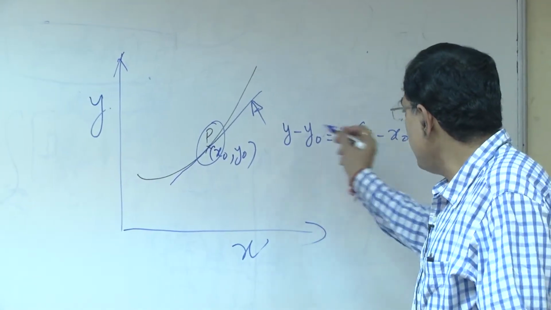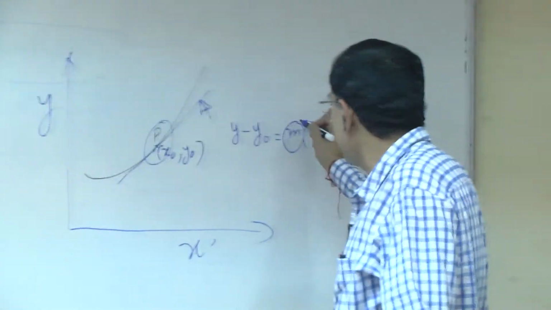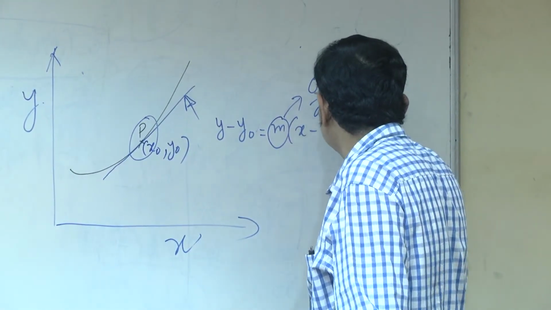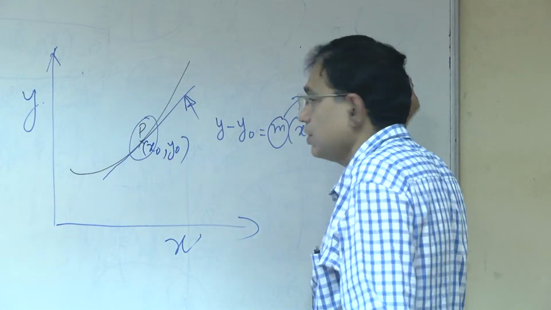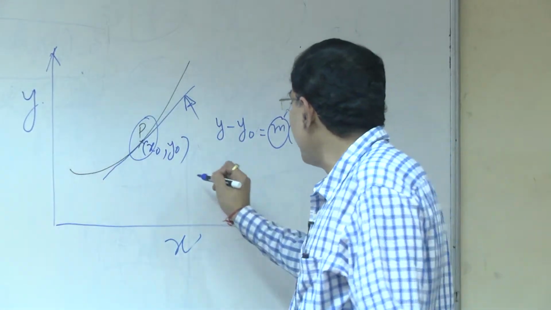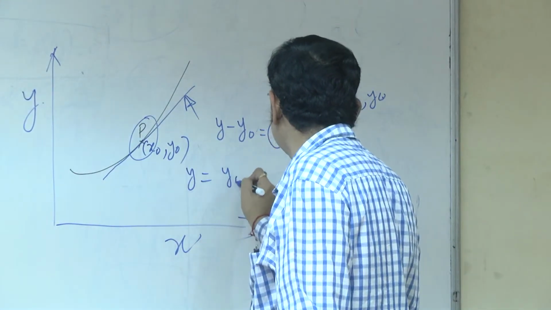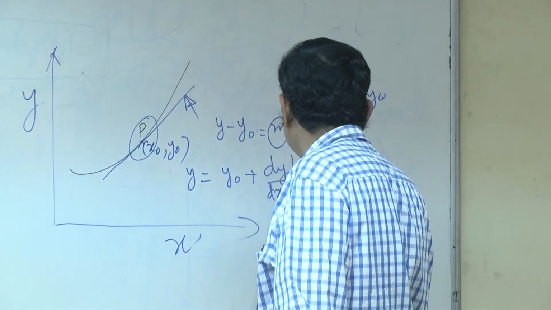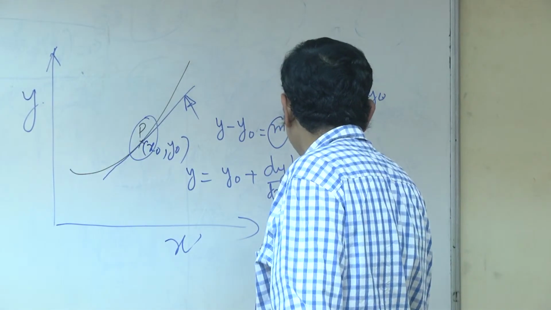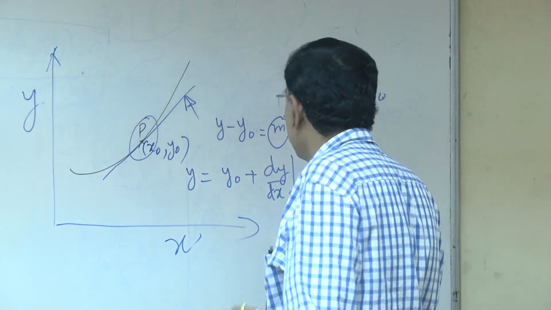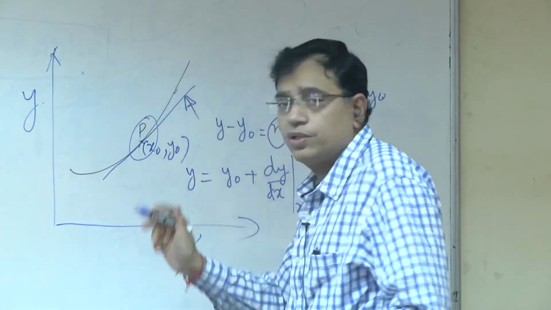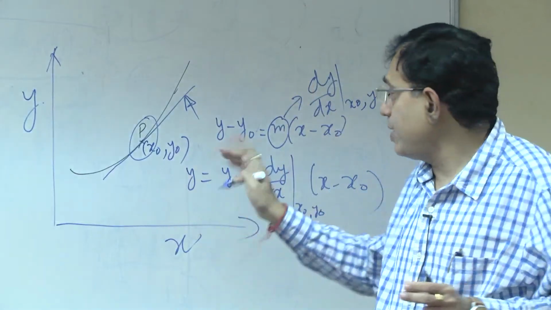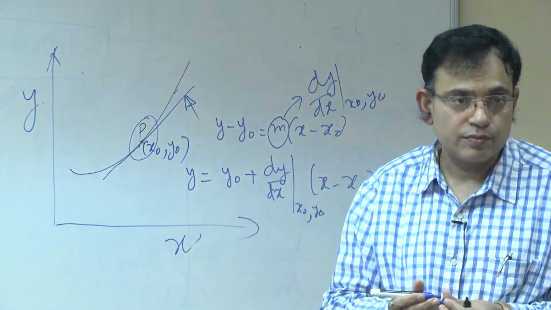This m is the slope, which is dy/dx at x naught, y naught. So, you can write y equal to y naught plus dy/dx at x naught, y naught into x minus x naught. This is a linearized version; whether it is correct or wrong in the physical sense is something else, but maths wise this is the best that we can do.